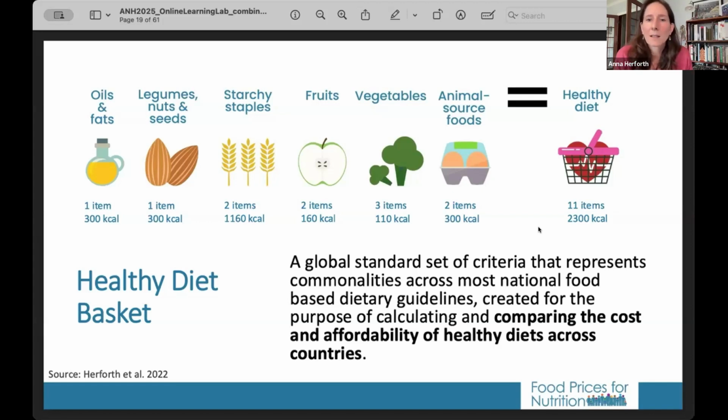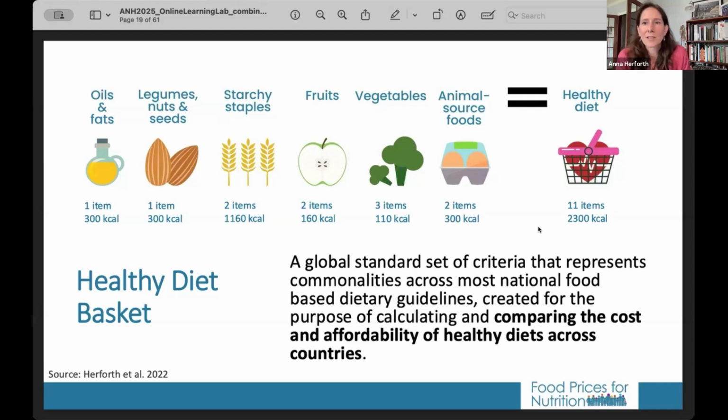So we end up with a basket of 11 items as a minimum standard of diversity, divided into the proportions in terms of dietary energy that correspond to what we just saw in the food guides and pie chart. And this comes out to an average of 2,300 calories per day, which is about the average dietary energy need across the population. It's also the dietary energy need for a woman age 30.